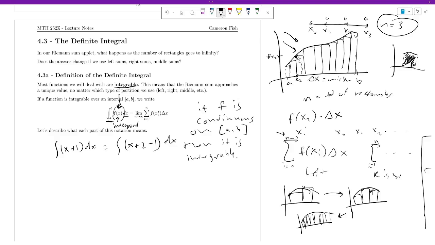Then the other thing is the a and the b. That's pretty self-explanatory. It's just the left and right endpoints of the integral you're looking at. We're doing our Riemann sum between a and b, integrating between a and b, and that matters. If I was doing 1 to 2, that'd be different than doing 2 to 5. Different part of the function.